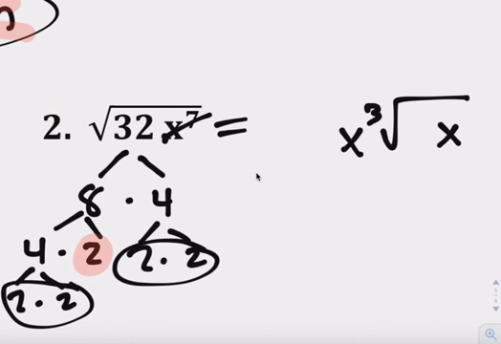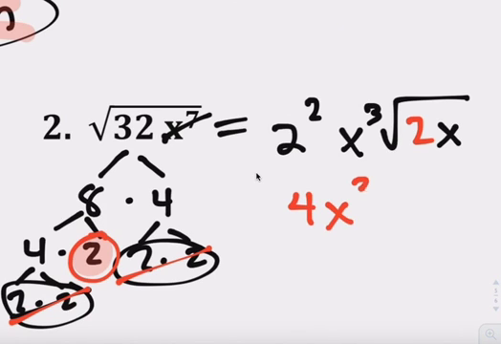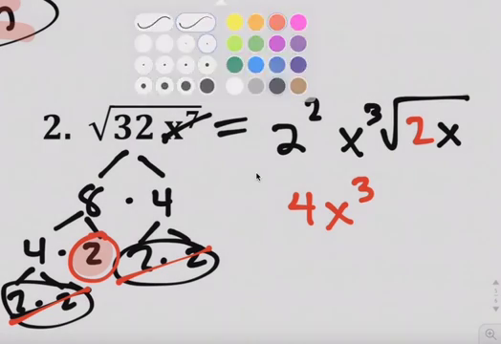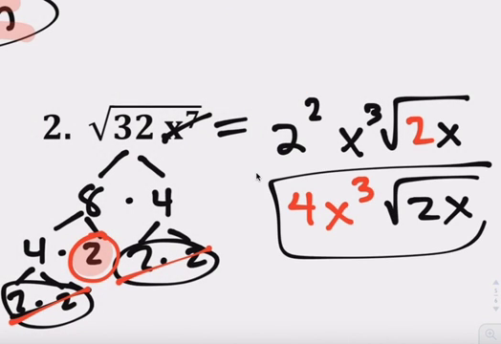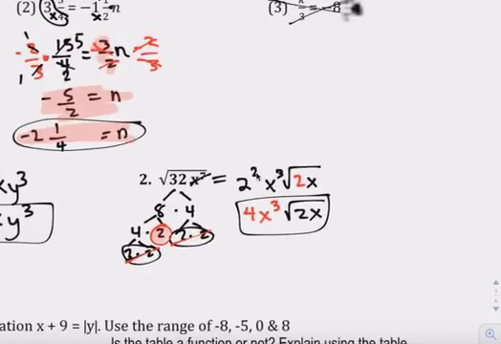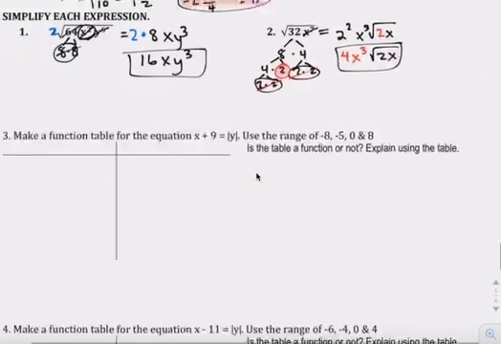So our answer is 2 squared, because you got 2 pairs of 2s with one of them left inside. Okay, so your answer is 4x cubed square root of 2x. That's your answer.